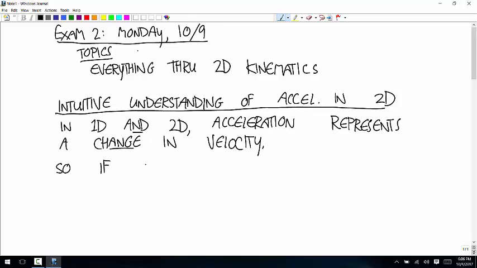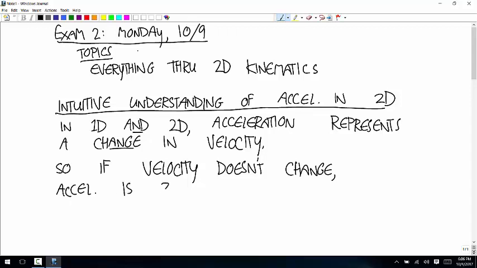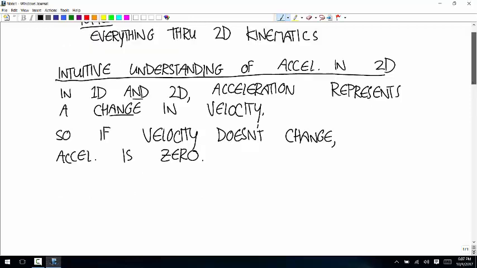You can think of constant velocity and 0 acceleration as being synonyms. They mean the same thing. That's true in 1D where velocity and acceleration are just numbers, and it's true in 2D where they're vectors. So that's true in either case.